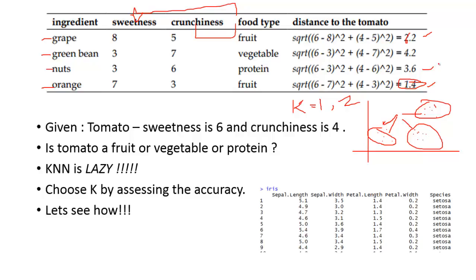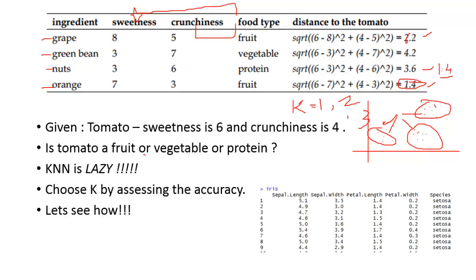But for example, say the distances are 1.4, 1.4 and 2.2. This is a fruit, this is a fruit, and this is a protein. These two have the same Euclidean distance. So based on the majority, if K is equal to 3, with 2.2, 1.4 and 1.4, the majority goes to fruit, so tomato is assigned to fruit, despite the fact that protein also has a distance of 1.4.